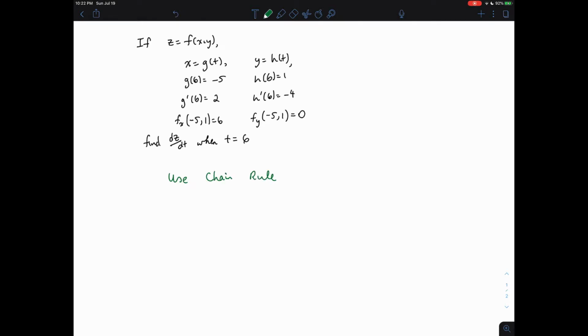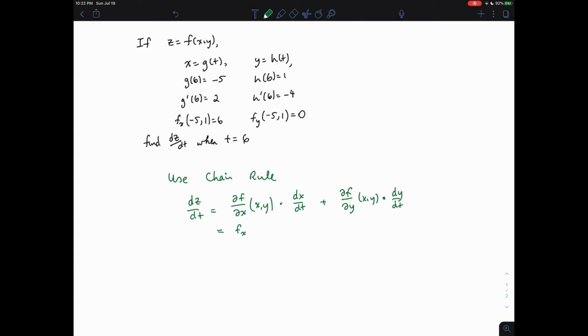The chain rule states that the derivative dz dt is equal to the partial derivative of f with respect to x at the point xy times dx dt plus the partial derivative of f with respect to y at that point times dy dt.